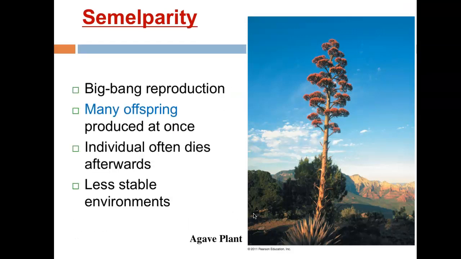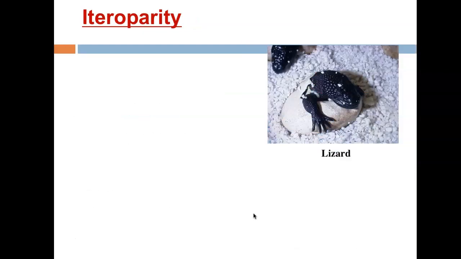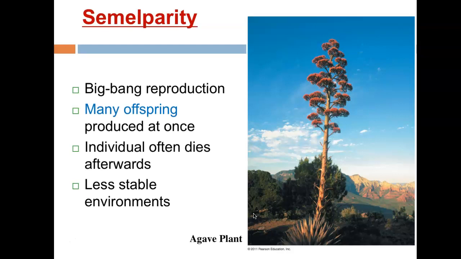Some other vocabulary words, semelparity and iteroparity. I want to make sure I distinguish between the two of those. So semelparity means big bang reproduction with many offspring at one time and that the individual dies afterwards. This is going to happen in less stable environments. The individual doesn't always die afterwards. What I'd like for you to write down for semelparity is this is going to be that type 3 survivorship.